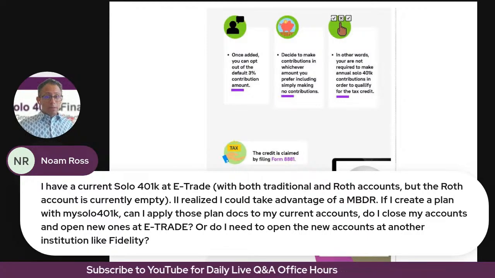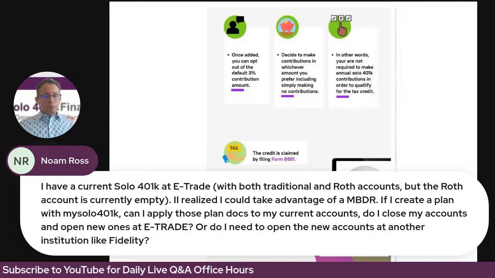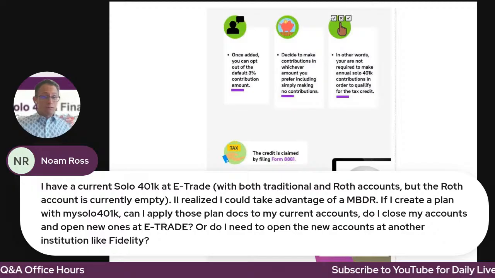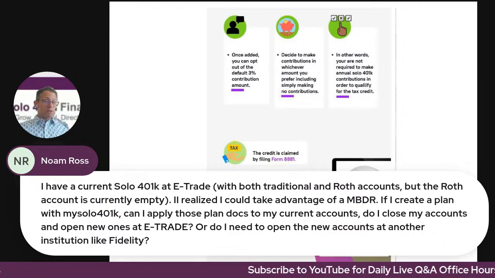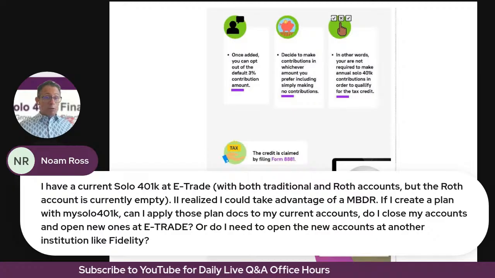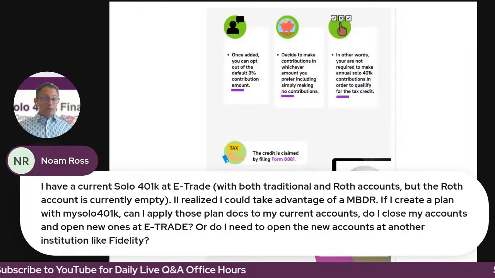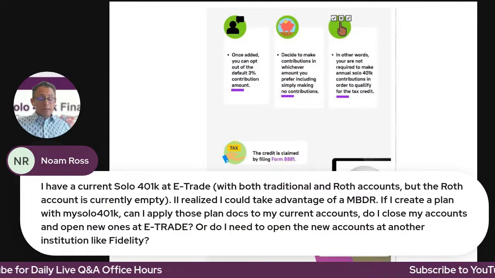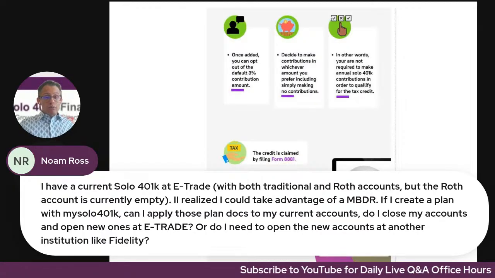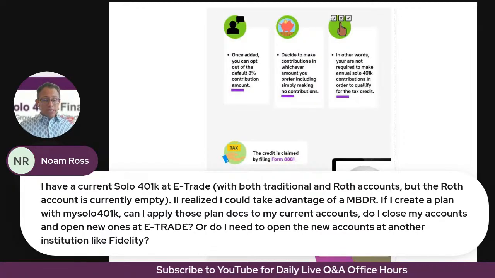For example, even though E-Trade will provide what they refer to as trust brokerage accounts for a solo 401k offered by a company like my solo 401k financial that allows for the mega backdoor, I don't know if E-Trade purposely does this or if they just don't know what the heck they're doing, but I've seen E-Trade take up to 6 months before they'll open the darn new brokerage accounts.